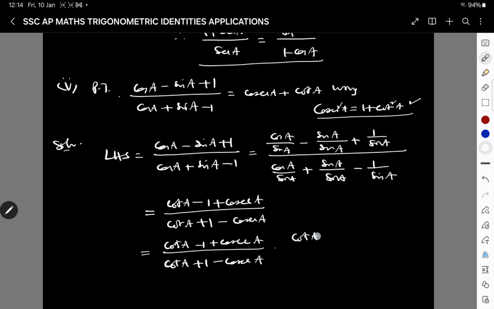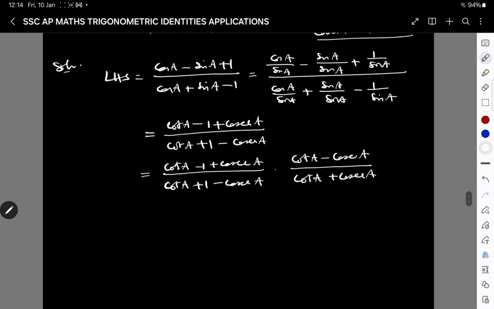So cot A minus cosecant A by cot A plus cosecant A. Sorry, it is minus. Numerator and denominator must be multiplied by the same, that is minus, right?